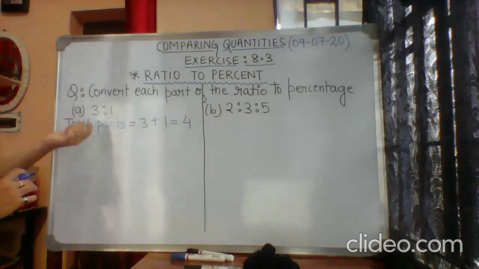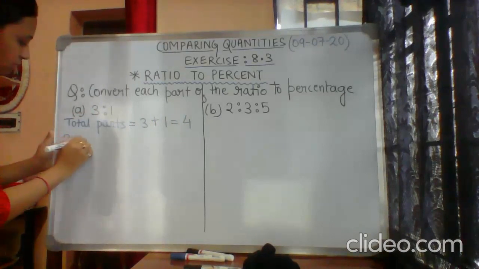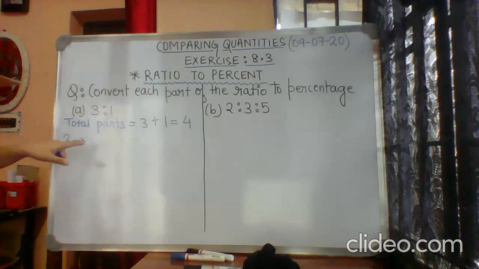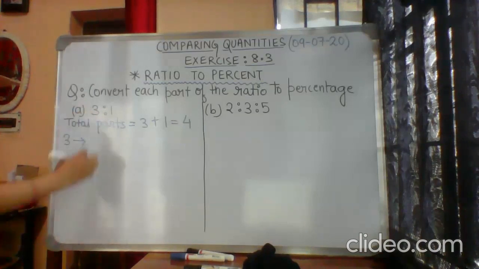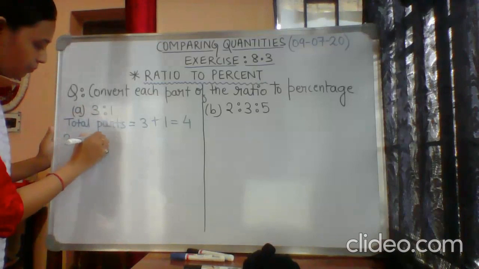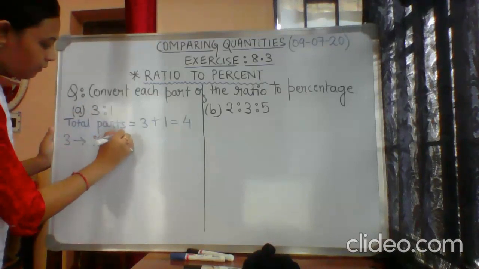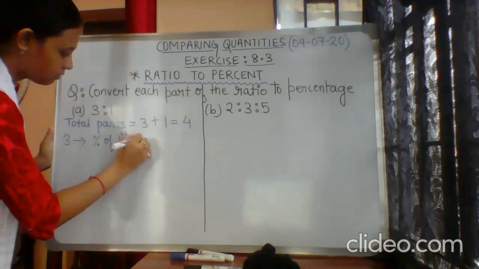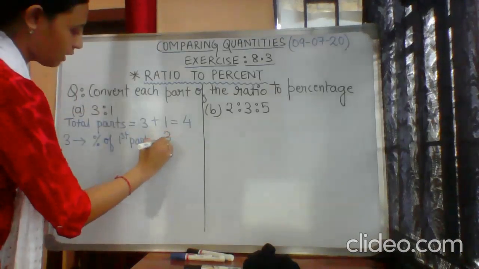Now, out of the 4, first part is 3. So, we are going to find the percentage of that. Okay. For 3, we are going to find the percentage of this part. So, percentage of first part equals, first part, how many parts are there? 3.